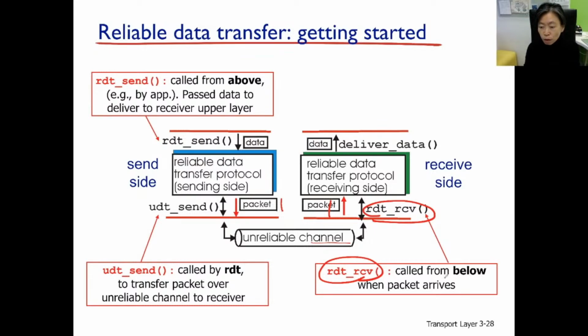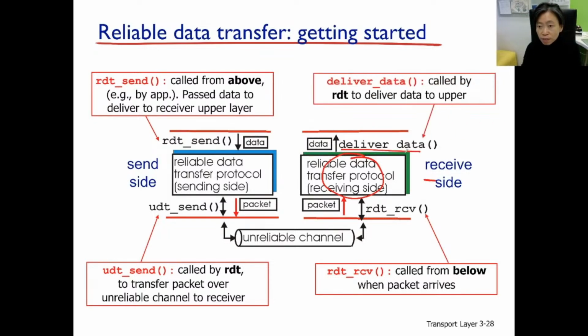And this is called from below, from the network layer, when a packet arrives. Those packets will be processed here, and then the receiver side of the transport layer protocol is going to call yet another one, the deliver data function. So this is called by RDT, the receiver side, to deliver data to the receiving process above. So data here is going to be passed above.